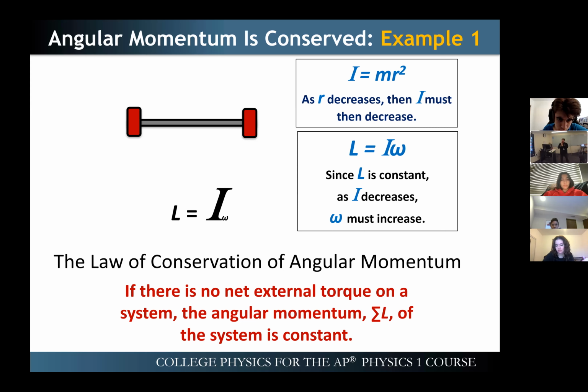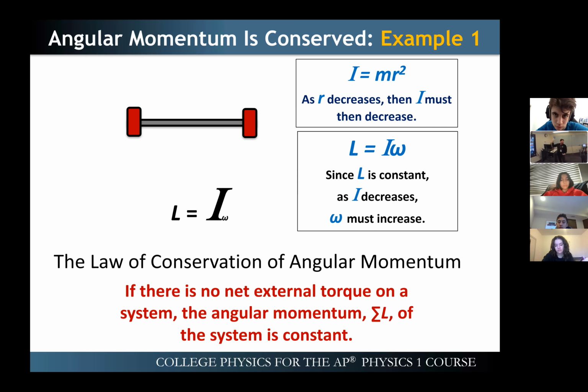And if the L can't change and L equals I times omega, if the L is constant, as the I gets smaller, the omega has to get bigger, right? Like if the I is 20 and the omega is 1, if the I becomes 10, the omega has to be 2. If the I becomes 5, the omega has to be 4. If the I becomes 2, the omega has to be 10.